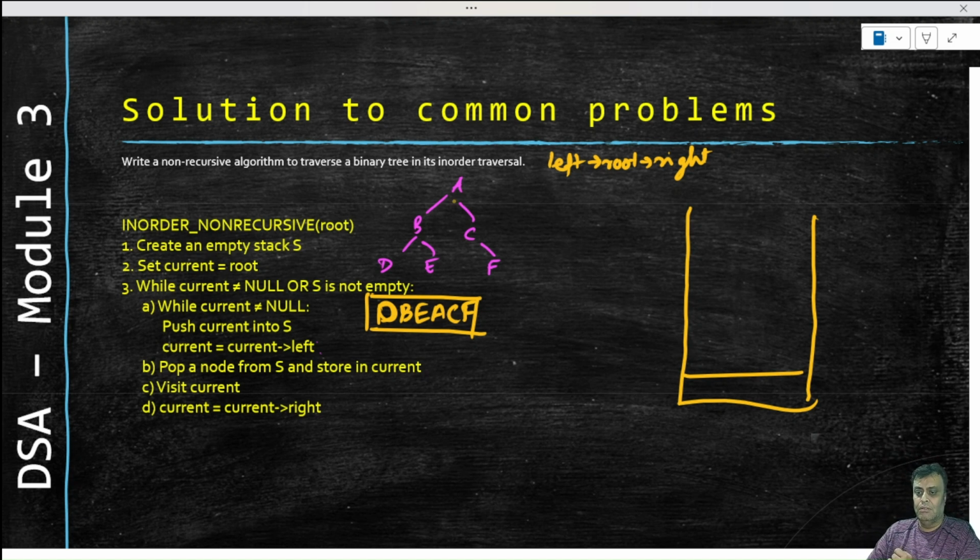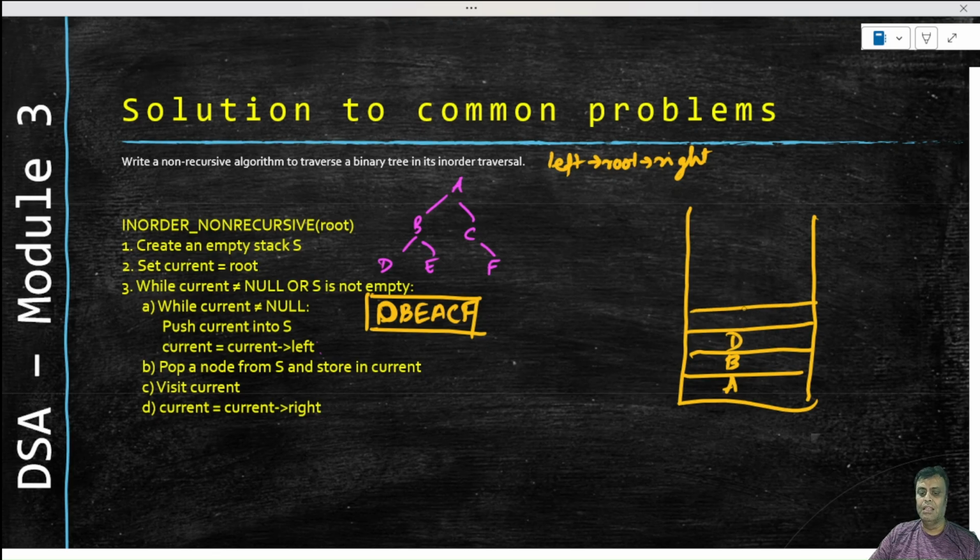So what is A? Does it have a left? Yes. B has a left? Yes. Whenever we visit A, we will insert that A into the stack and then go left. After A, we go to the left of A, which is not null, so we insert that in the stack. Then we have D, which we insert in the stack.